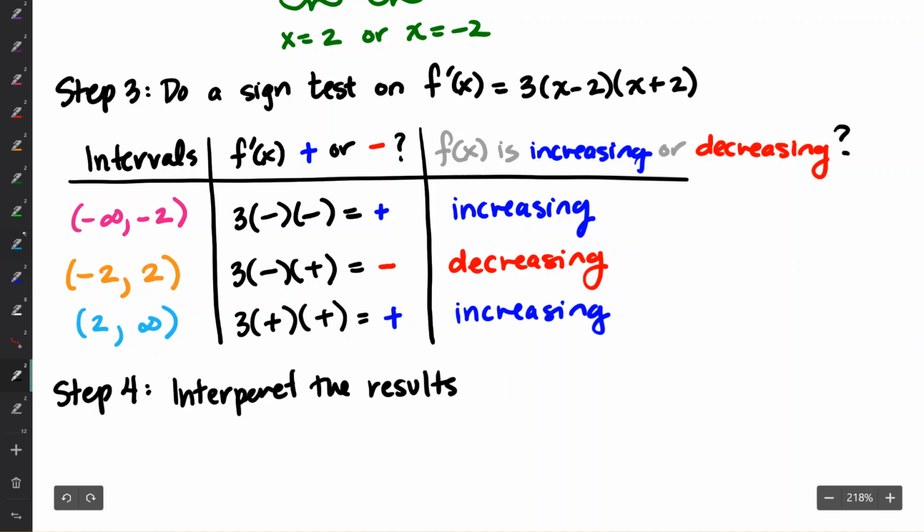So we can see here at x equals minus 2, my function is changing from increasing to decreasing. F of minus 2 must be a local max.